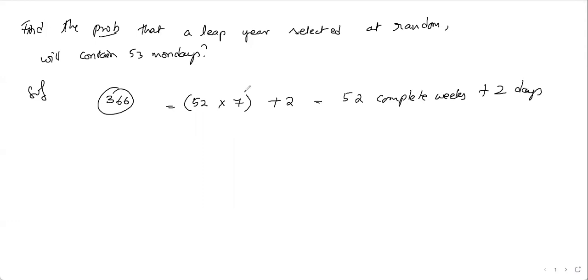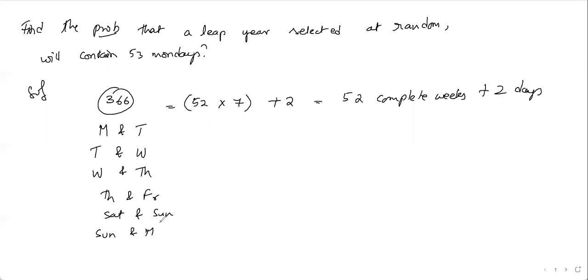Thus a leap year will always have 52 Mondays, but the 2 extra days can also be Monday. So the extra days can be Monday and Tuesday, Tuesday and Wednesday, Wednesday and Thursday, Thursday and Friday, Friday and Saturday, Saturday and Sunday, Sunday and Monday.